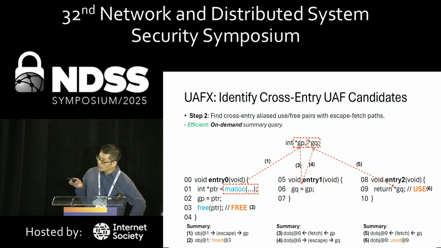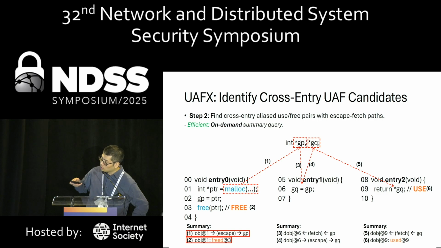By on-demand, I mean that we always start from the freed object. In this example, the freed object is this one at line 3. And given this freed object, we further query the per-entry function summary to find which global pointer it can escape to. And we found that it can escape to the pointer GP.